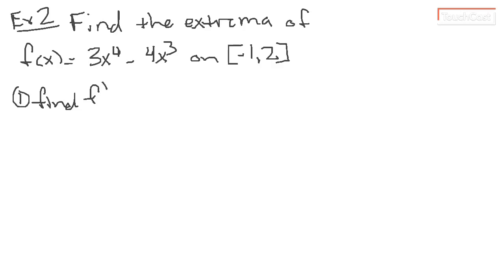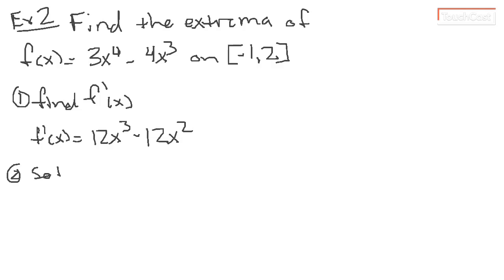So f prime is going to equal, bring the 4 down, we're going to get 12x cubed minus, bring the 3 down, we're going to get 12x squared. So we've found the derivative. We're now going to set our derivative to 0 and solve for x.